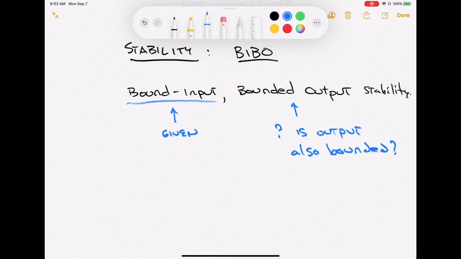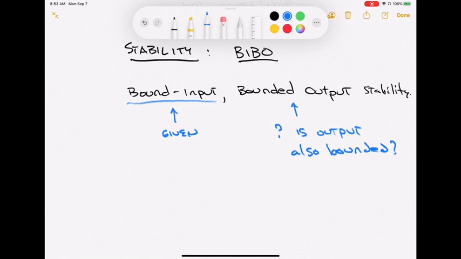A lack of stability generally means that you put some kind of nice input in and it blows up. It becomes unstable, it becomes unbounded, it flies off in amplitude to either plus or minus infinity. A well-defined input generates something very poorly defined on the output. Systems that are unstable generally break. Systems that are unstable melt boards. Systems that are unstable cause all sorts of catastrophic failure generally.